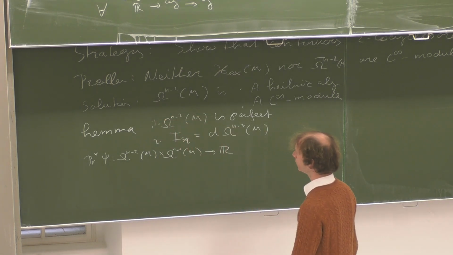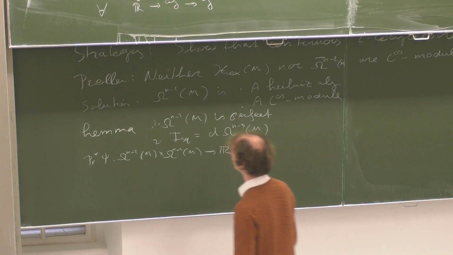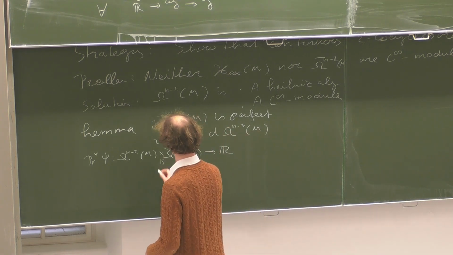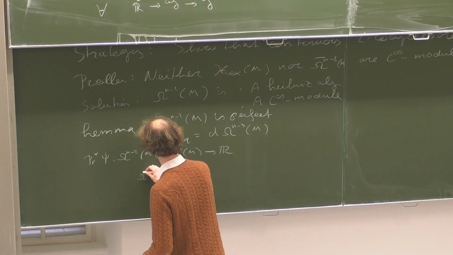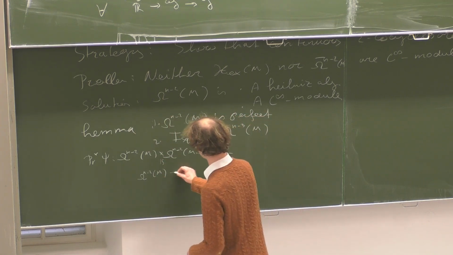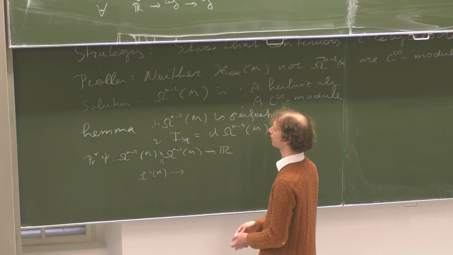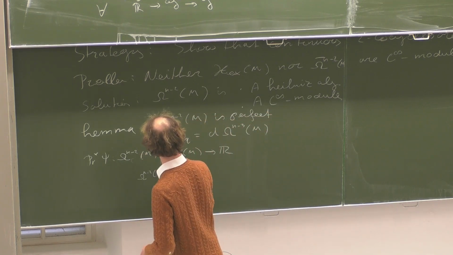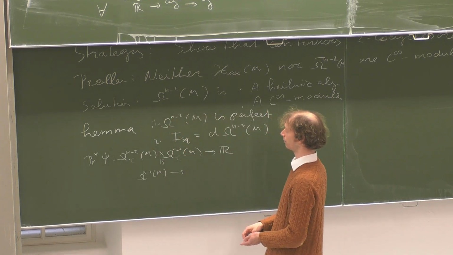And you can identify that with a map from omega n-2 of M, the continuous dual of that one. And actually, you want to do this at the compactly supported level.